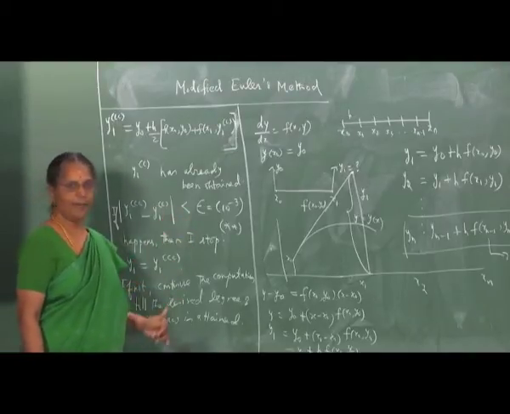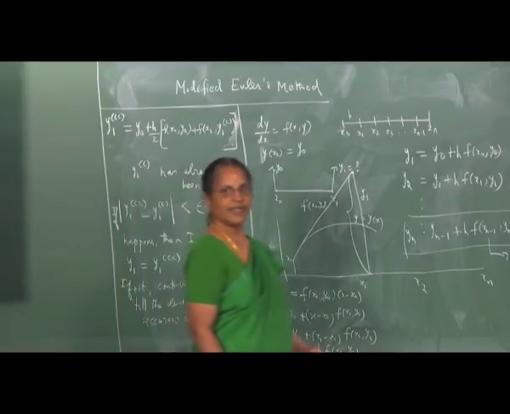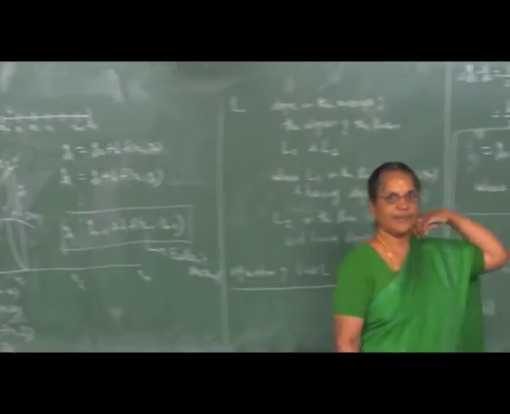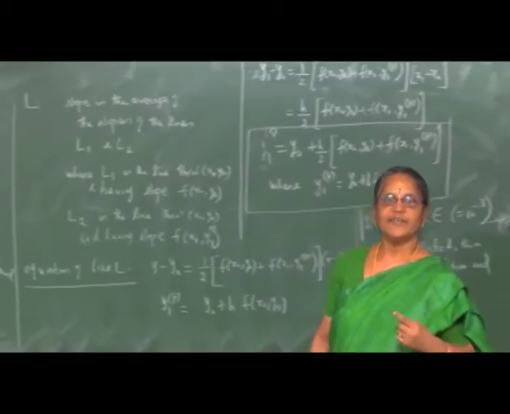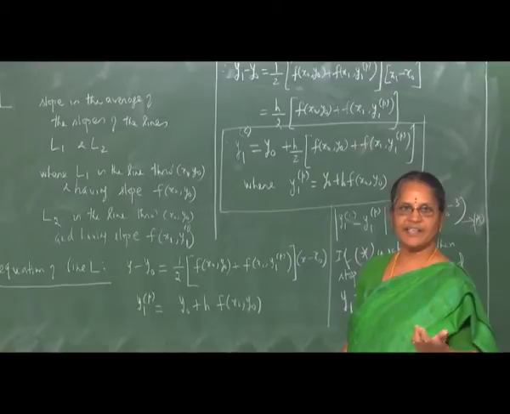If so, you stop. If not, you continue your computations. This is what modified Euler's method is, and we observe that we have a nice predictor corrector method.